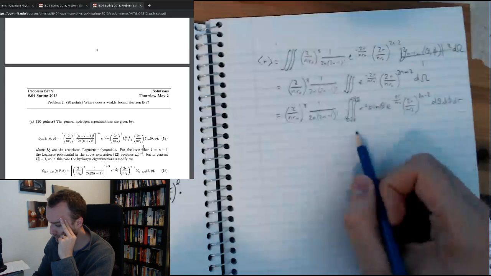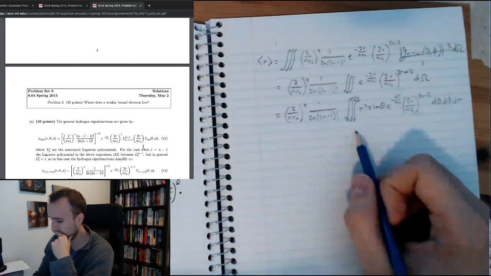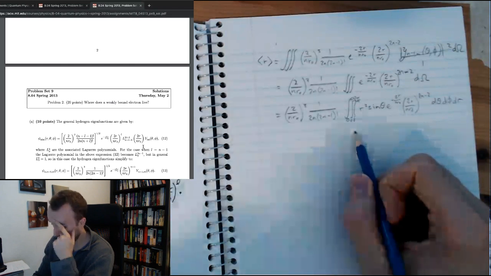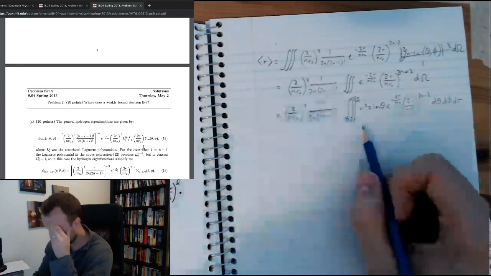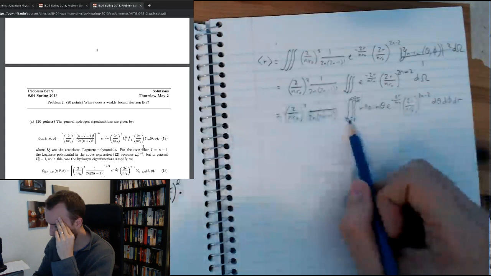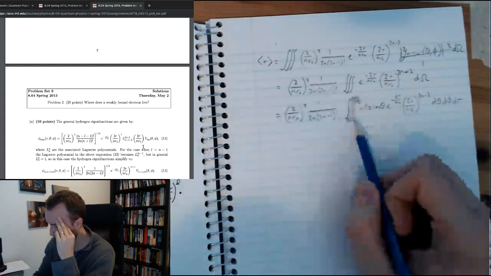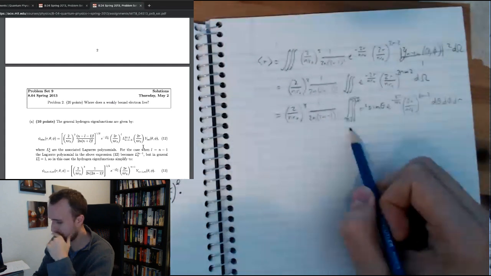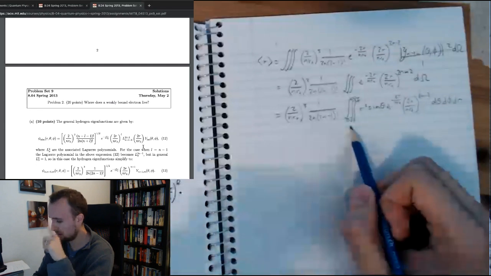Cosine at these bounds should just give us... no. We're valuing this one 0 to 2 pi. So just give an overall factor of 1, I think.